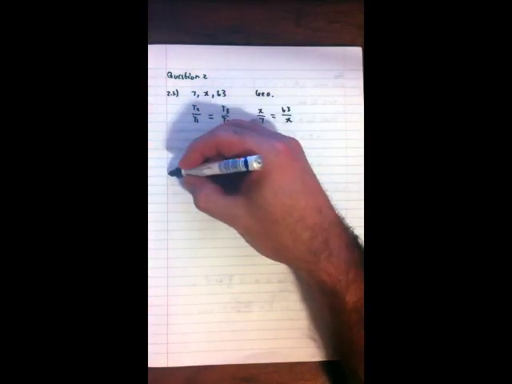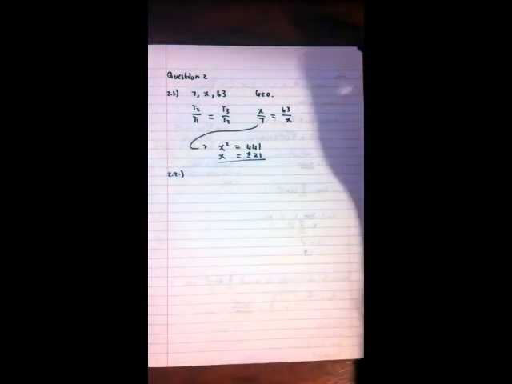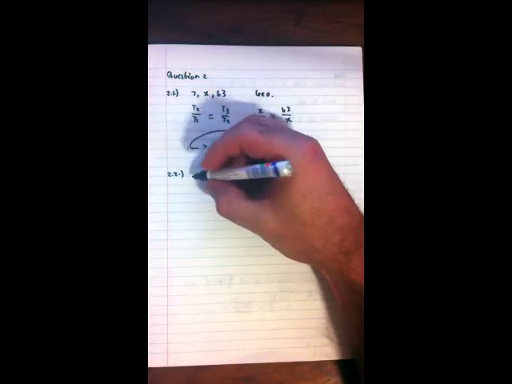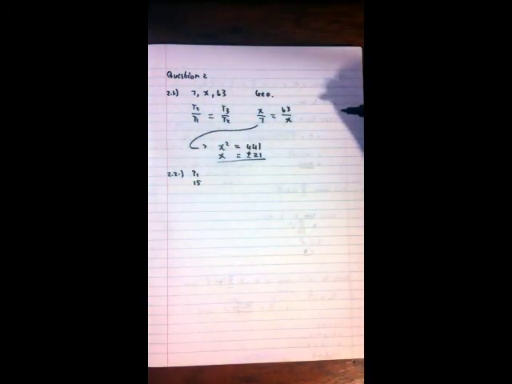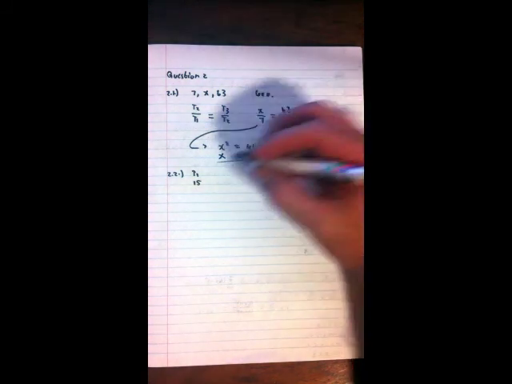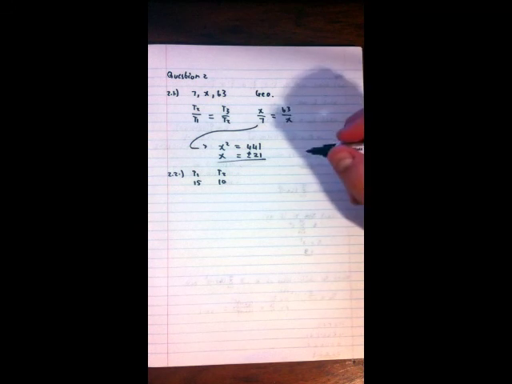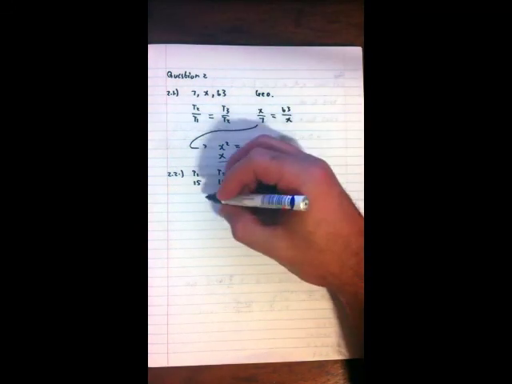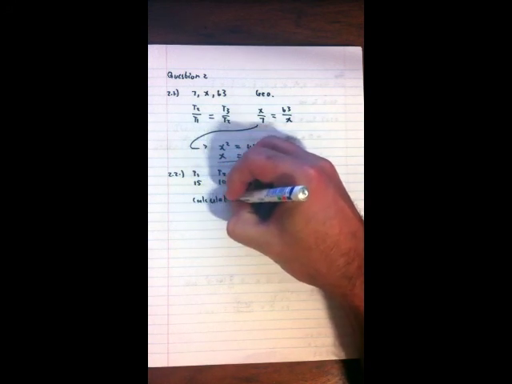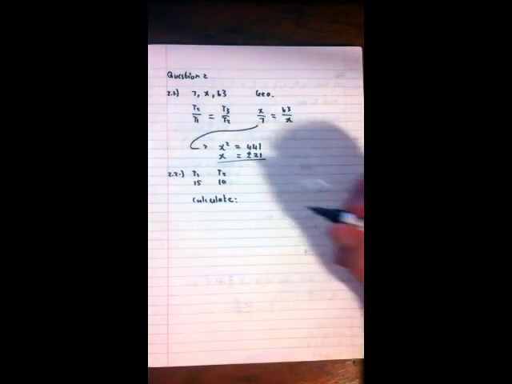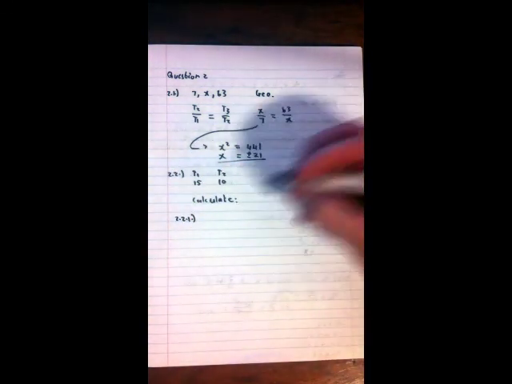Question 2.2. That says if the first term of a geometric sequence is 15, so if we have that term 1 is 15, and if the second term is 10, so term 2 is 10, then calculate 2.2.1, term 10.